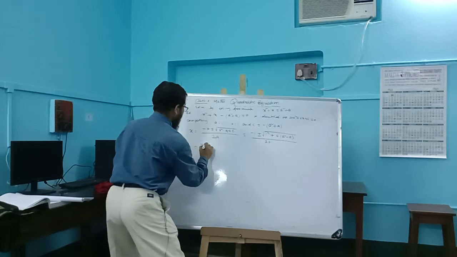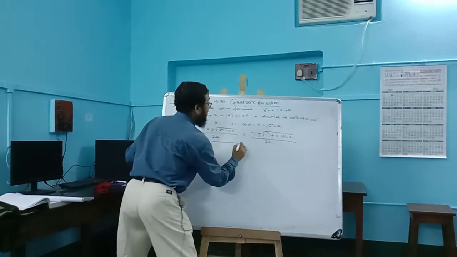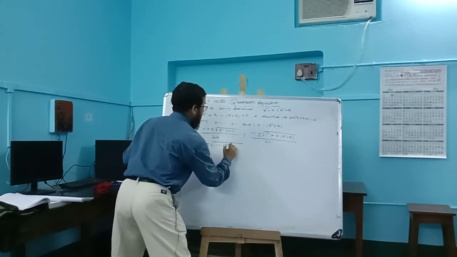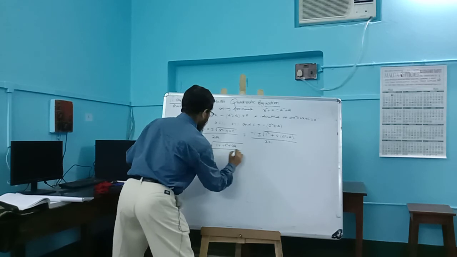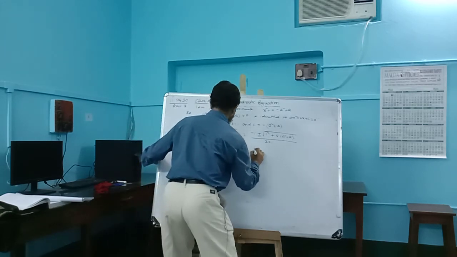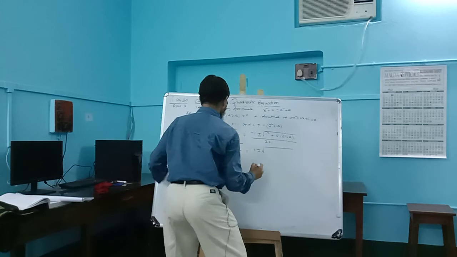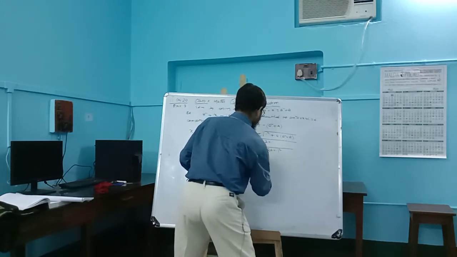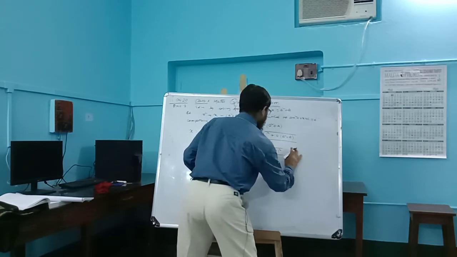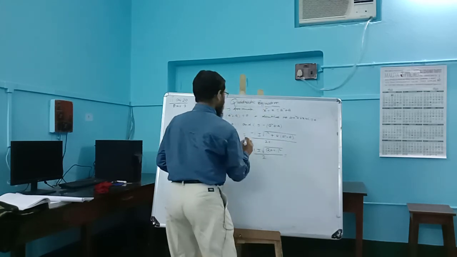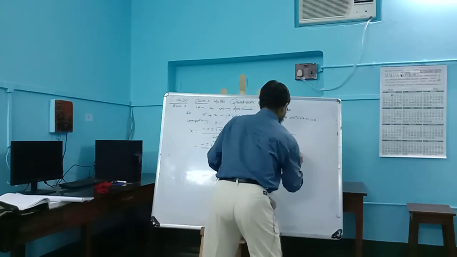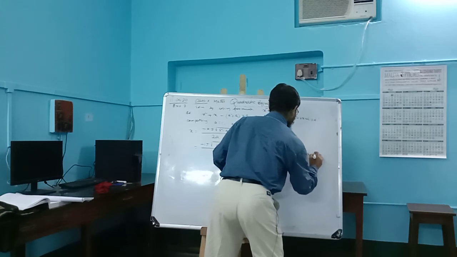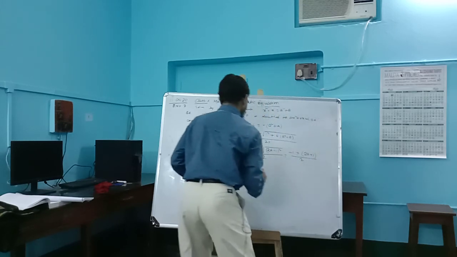That's equal to minus 1 plus minus root over 1 plus 4a square plus 4a by 2. This equal to minus 1 plus minus root over (2a plus 1) whole square by 2. This equal to minus 1 plus minus (2a plus 1) by 2.